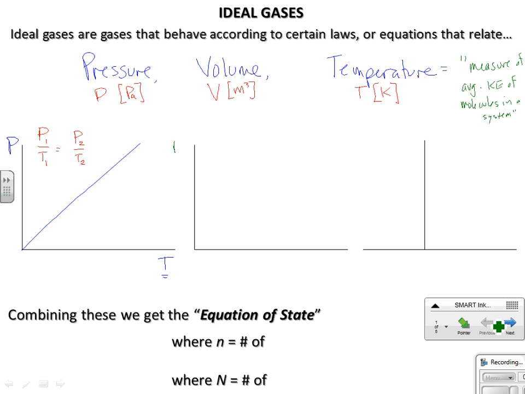Then we can do pressure and volume. This one looks like this. It says that the more space you give a gas to occupy, the less pressure the gas will be under.